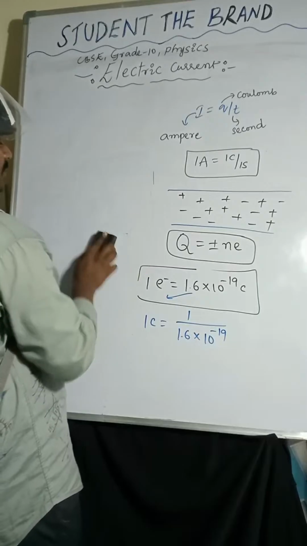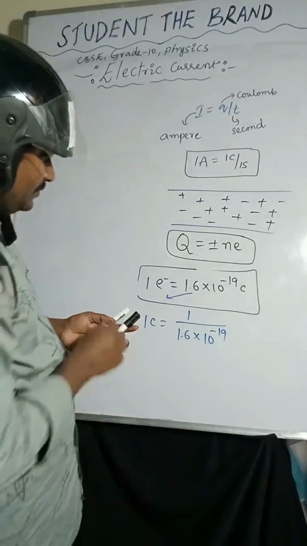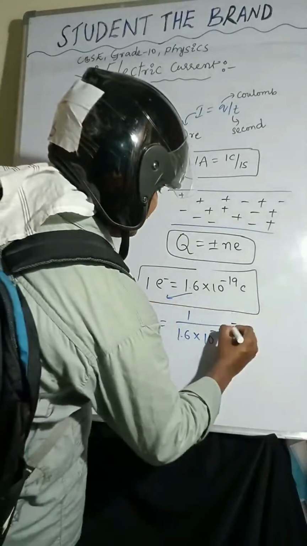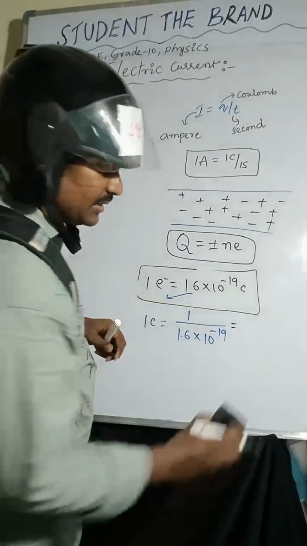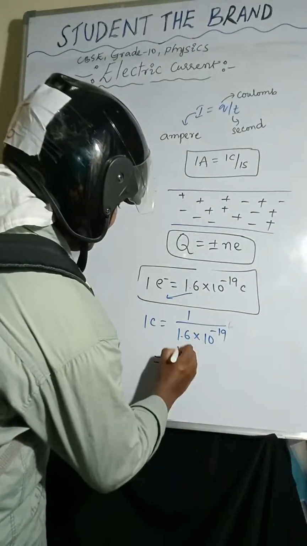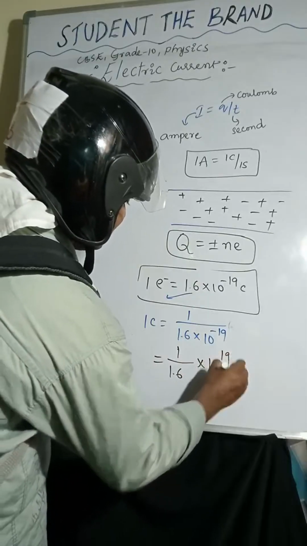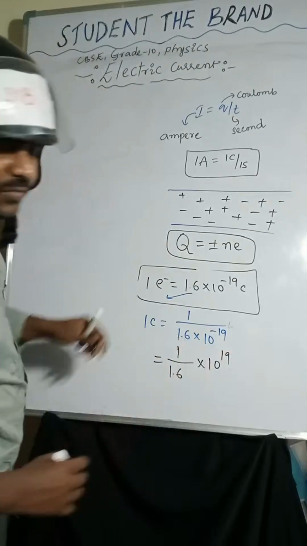So I am writing now. We can also write it like this: 1 by 1.6 into 10 power 19. You have to solve this value, 1 by 1.6.